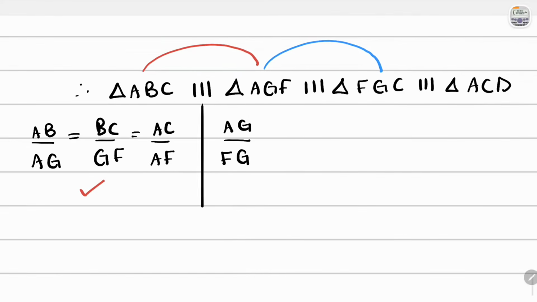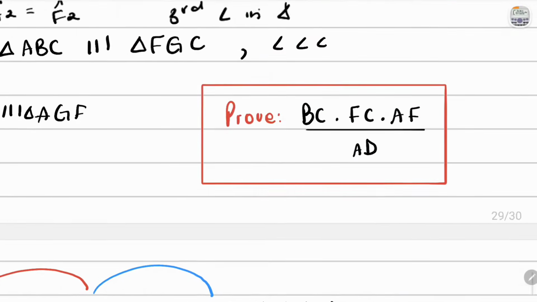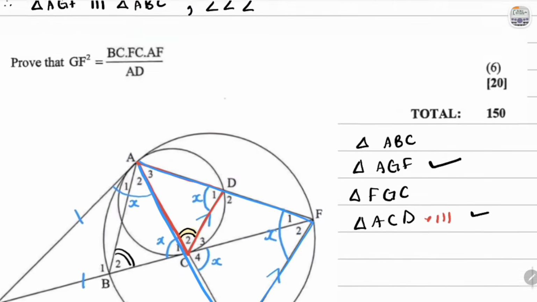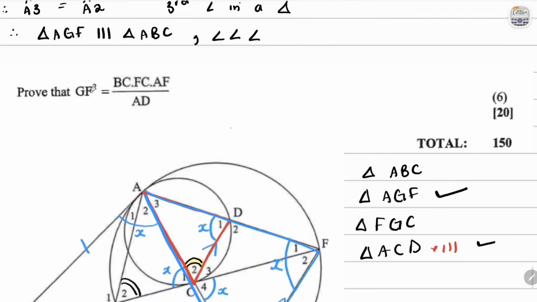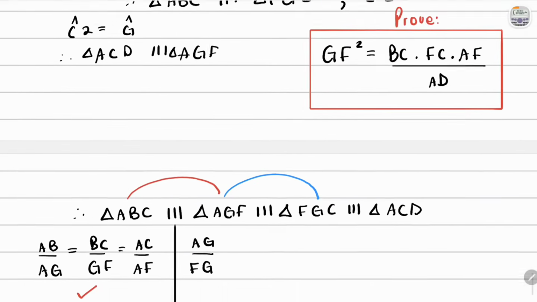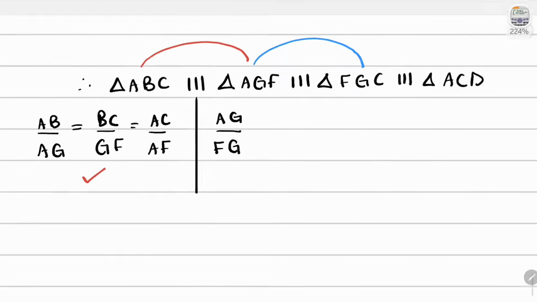I should probably stick to one way of naming that. Instead of calling it FG, because I see I just said prove, I didn't say FG squared. Sorry about that. So we can just call it GF so that we are able to keep track of it.